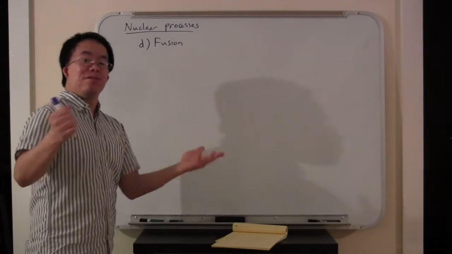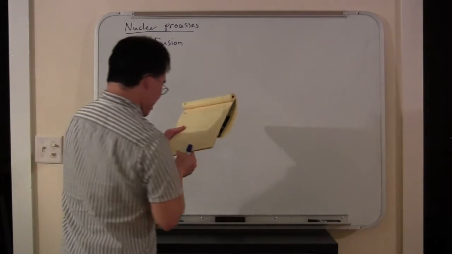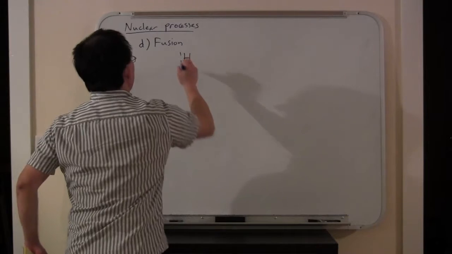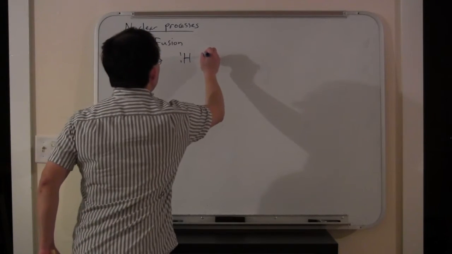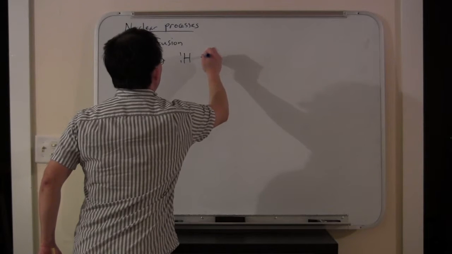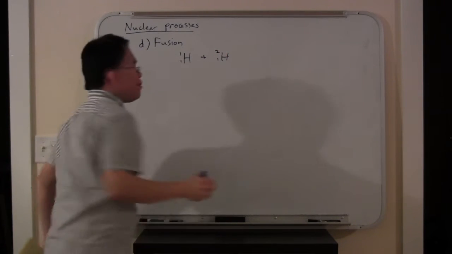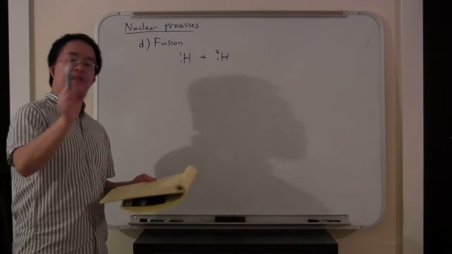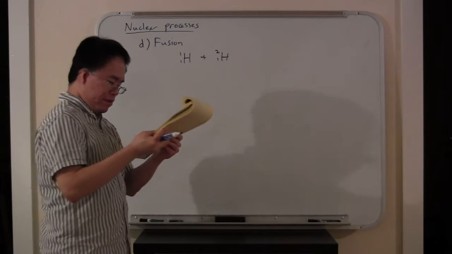So a typical fusion process might look something like this. If I start with, say, hydrogen, it turns out you can fuse hydrogen with deuterium, which is the isotope of hydrogen with a proton and a neutron in the nucleus, so a mass number of 2.